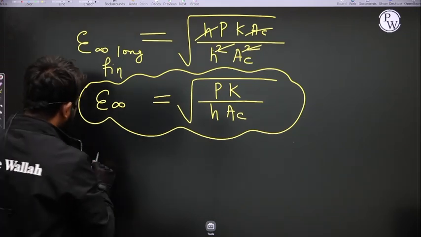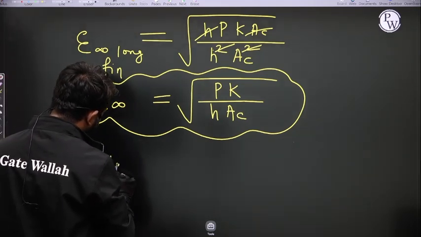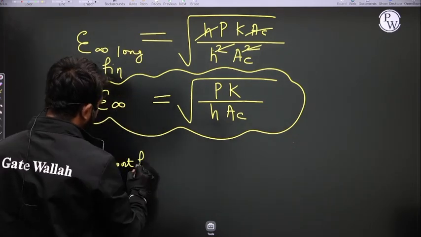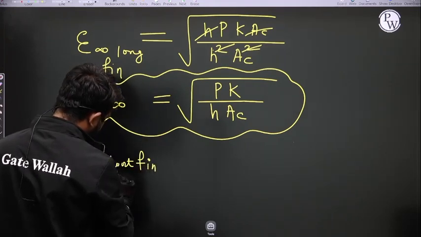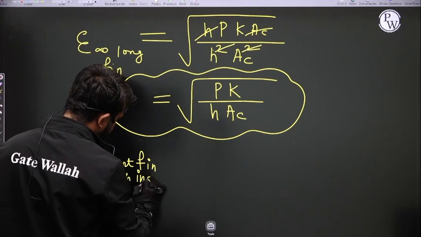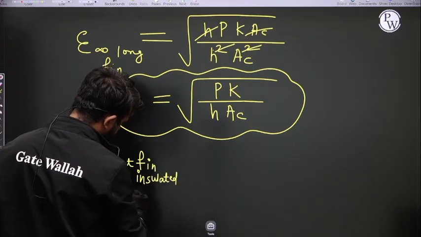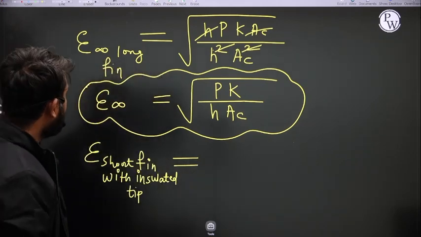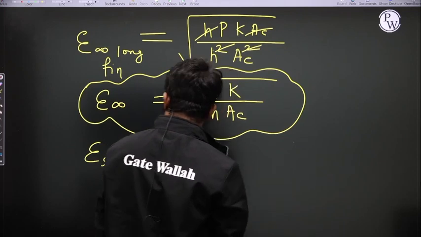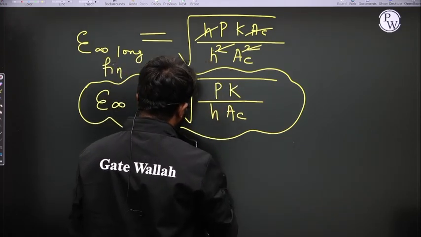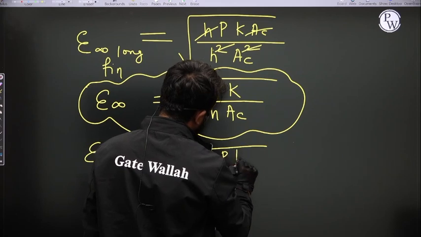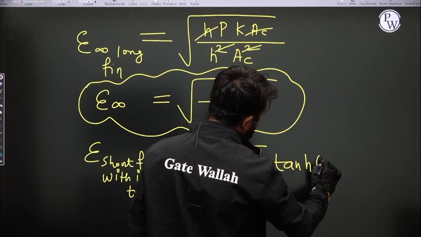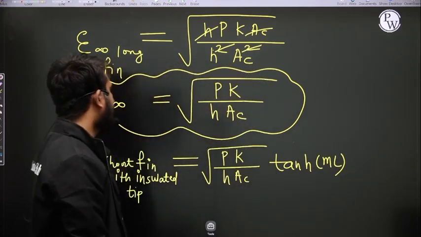Right. And similarly, the effectiveness for a short fin with insulated tip is equal to root over P k by h A_c times tanh(mL).